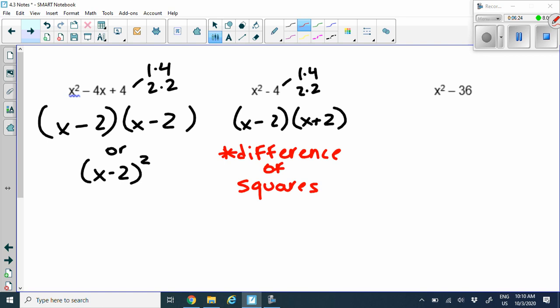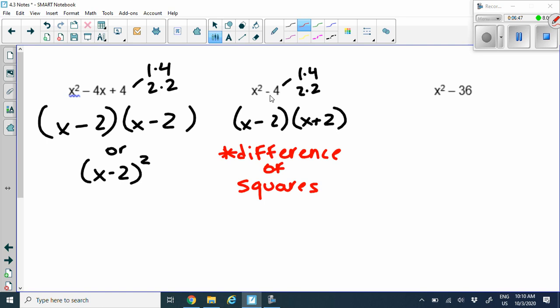That constant is going to be what we call a perfect square. This is why we call it difference of squares. So you take the square root of 4, that's how we get our 2 and 2 inside the parentheses. And we call it a difference because difference means subtraction, and we're subtracting.